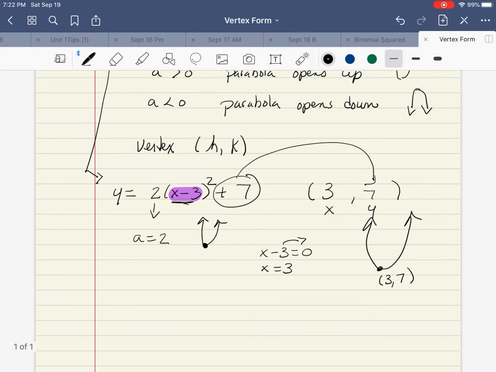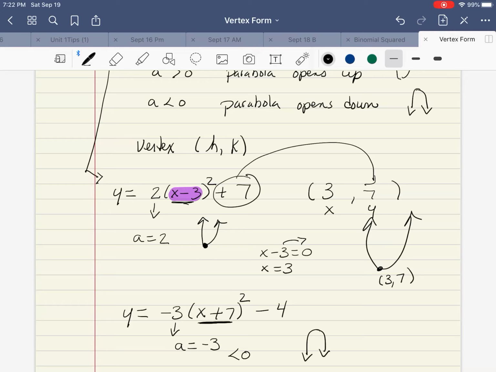So we'll look here at another example. Let's look at this one. We're going to look at y equals minus 3, x plus 7 squared, minus 4. In this one, we can see a is negative 3. So that right there is less than 0, which means this parabola is going to open down.